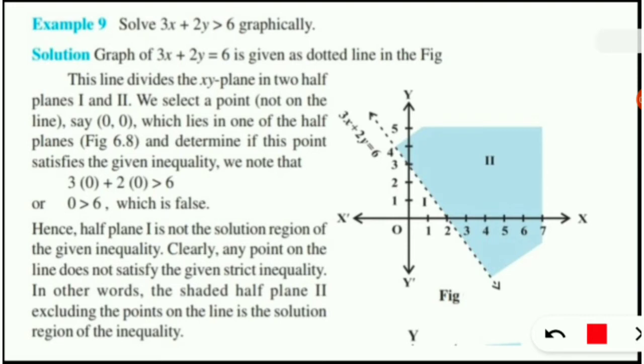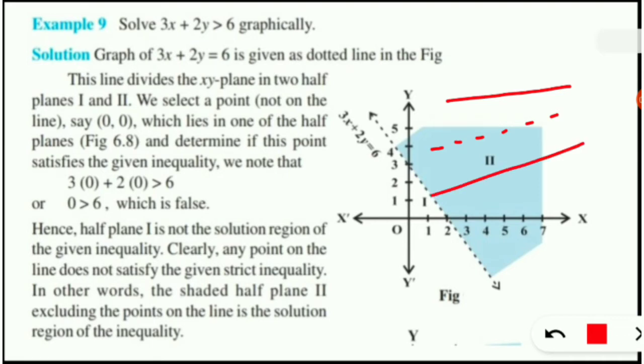If a less than or equal to or greater than or equal to sign is present in your inequality, you draw a continuous line. That is, if a less than or greater than symbol is present in your inequality, the line is drawn with dots, and if a less than or equal to or greater than or equal to sign is given, the line is drawn in this manner.